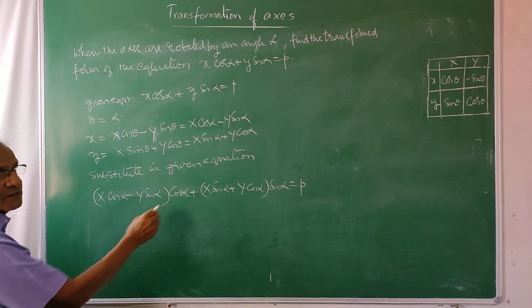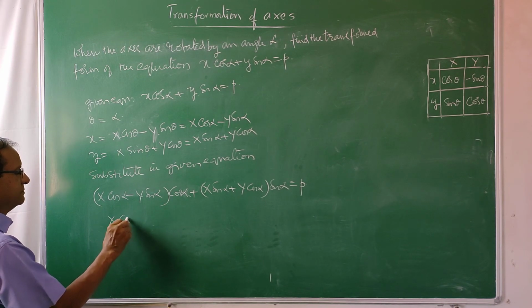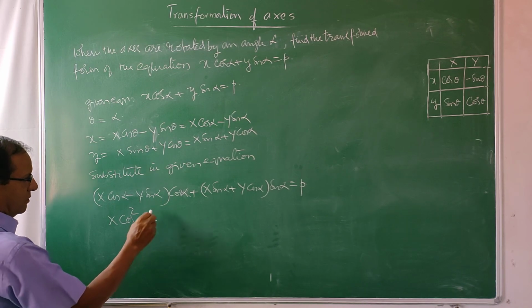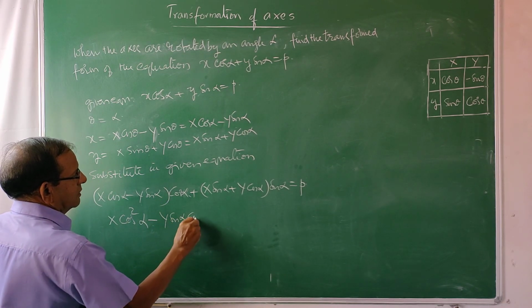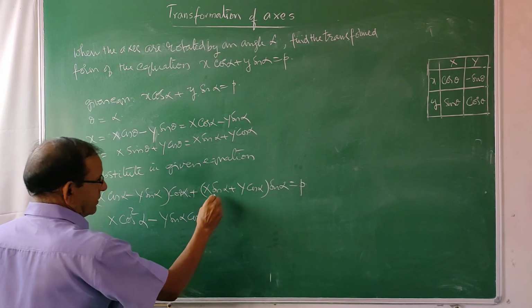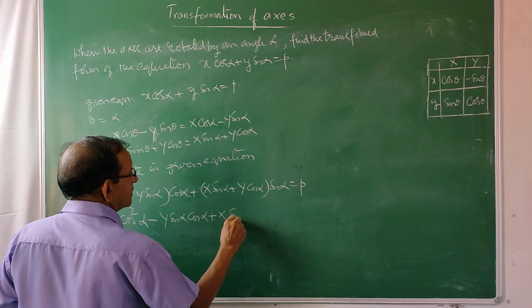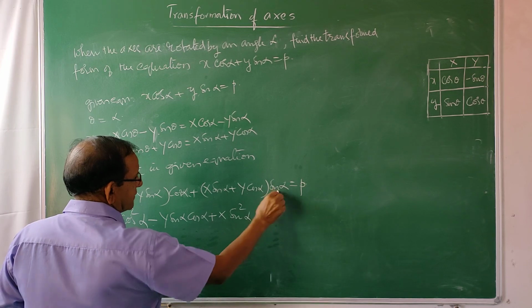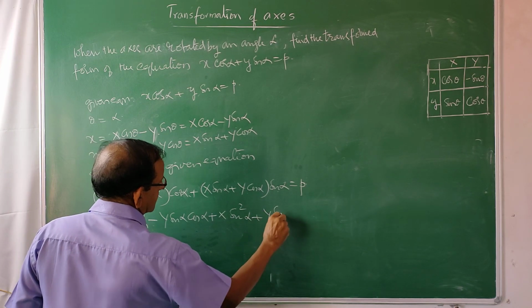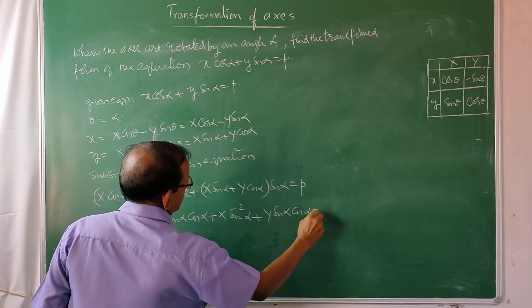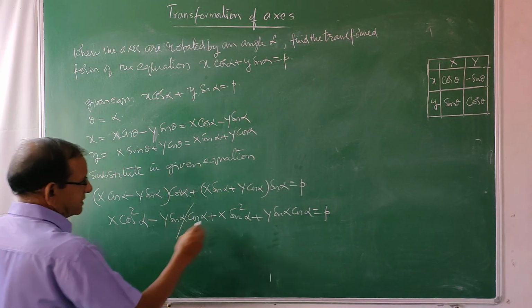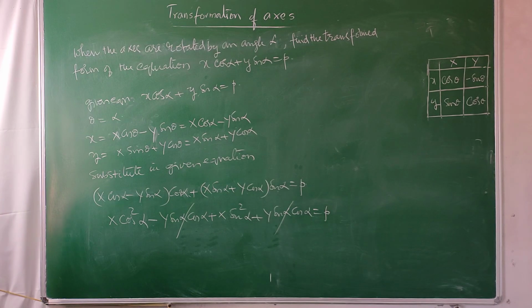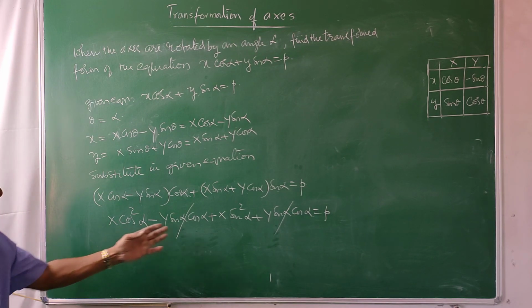X cos alpha into cos alpha, X cos² alpha, minus Y sin alpha cos alpha, plus X sin² alpha, plus Y sin alpha cos alpha, is equal to P. So you can cancel this Y sin alpha cos alpha and minus Y sin alpha cos alpha. Remaining terms are these two.